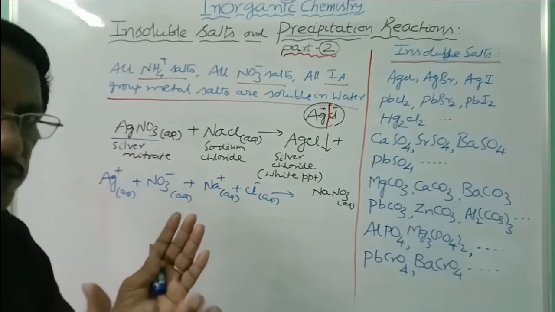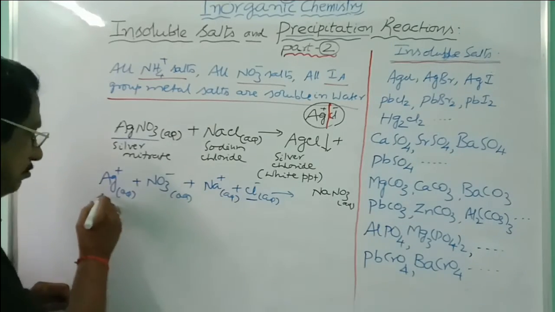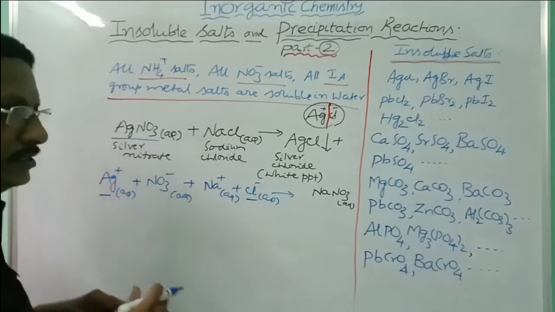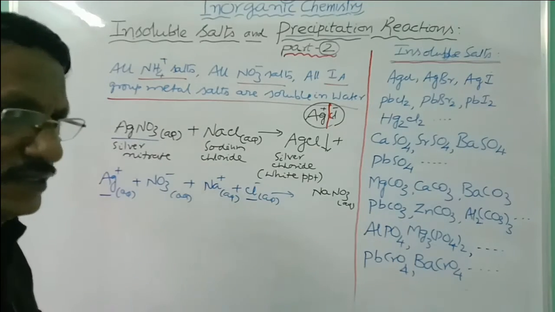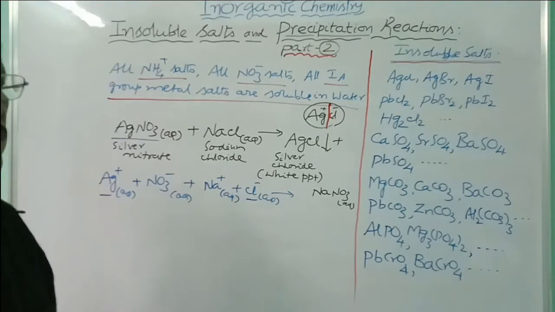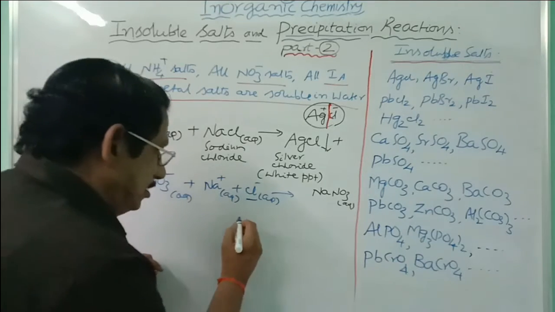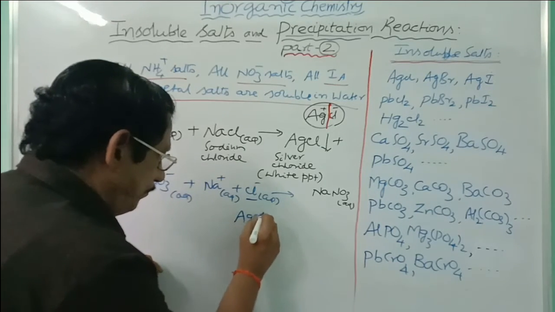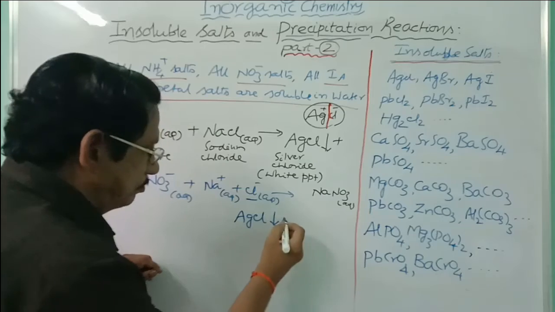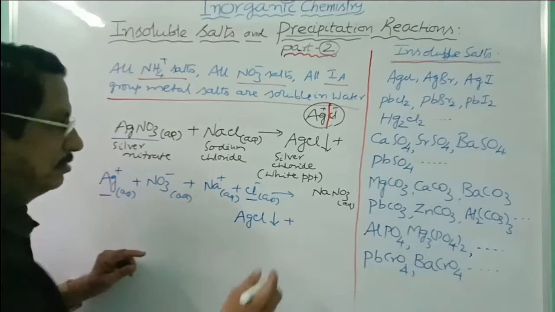When these two are mixed, what happens? Chloride ion immediately combines with silver ion. When they combine, silver chloride is formed. That is not at all present in water because it is insoluble, so it settles down as silver chloride white precipitate. So you will get AgCl, arrow mark downwards, that is precipitate, plus Na plus NO3 minus remains there.